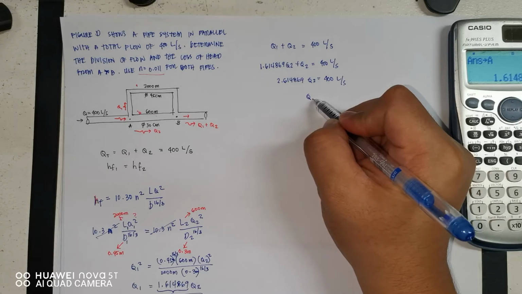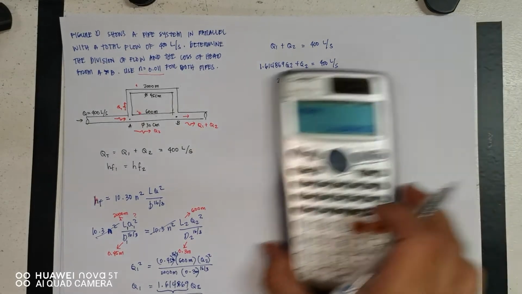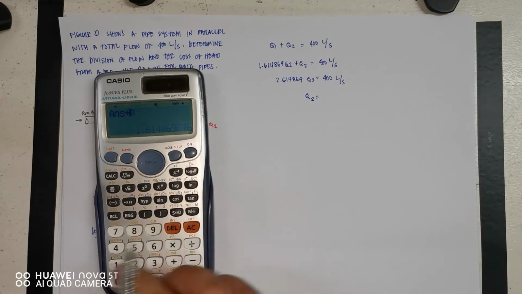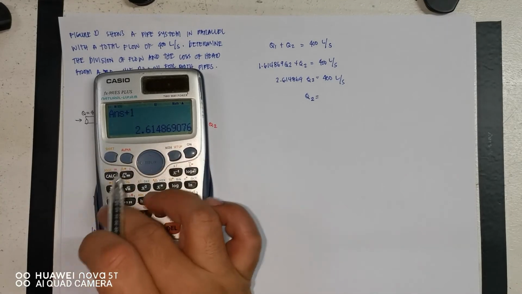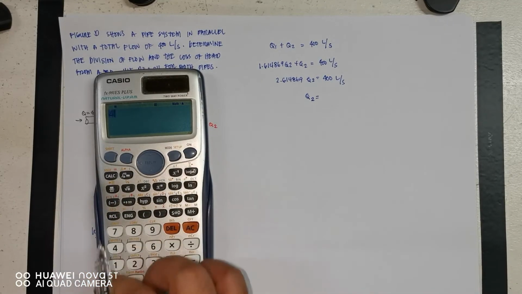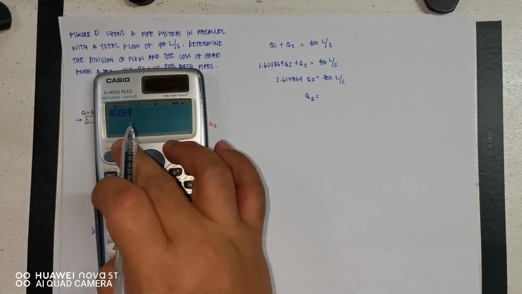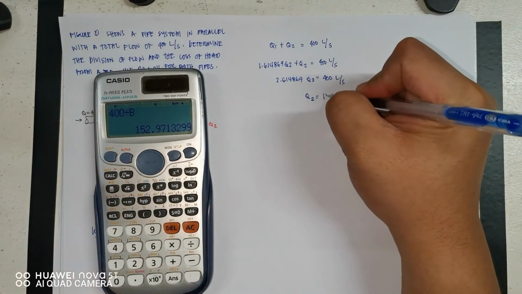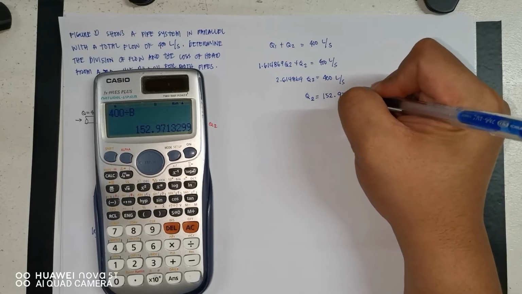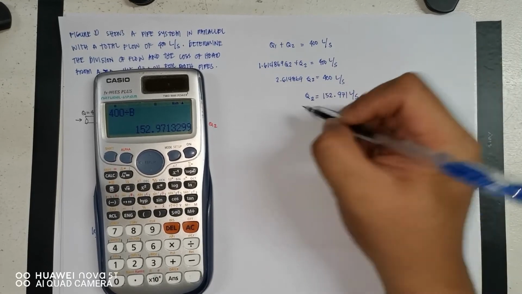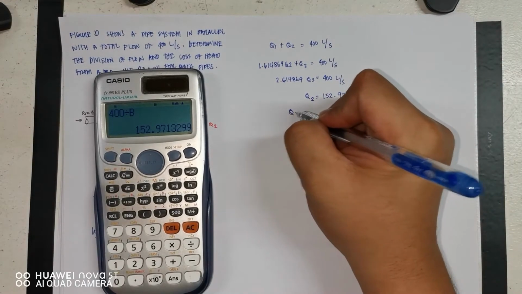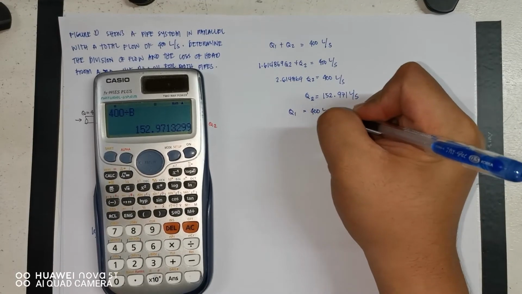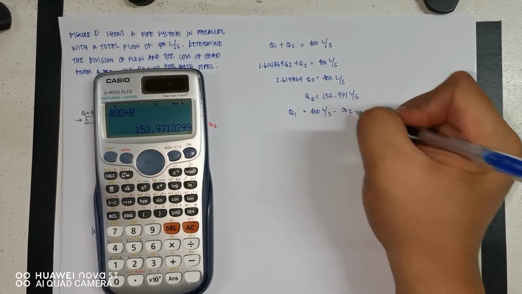Then yung magiging value ng Q2 natin will be 400 divided by 2.614869, so Q2 will be 152.971 liters per second, and Q1 will be 400 liters per second minus Q2.